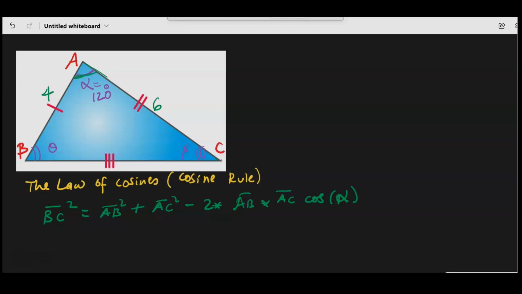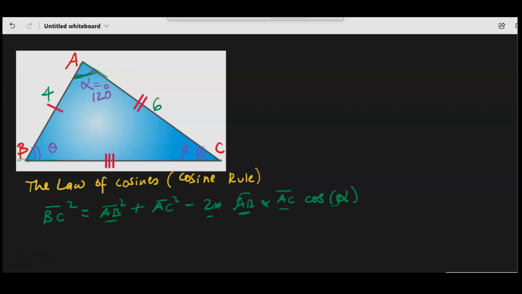According to the law of cosines, the square of the longest side BC must be equal to the square of the shortest side plus the square of the other side minus 2 times the shortest side times the other side times the cosine of the included angle between the shortest and the other side. Okay, that's the general definition of the cosine law.